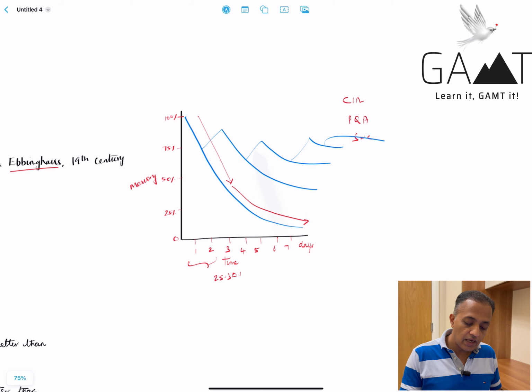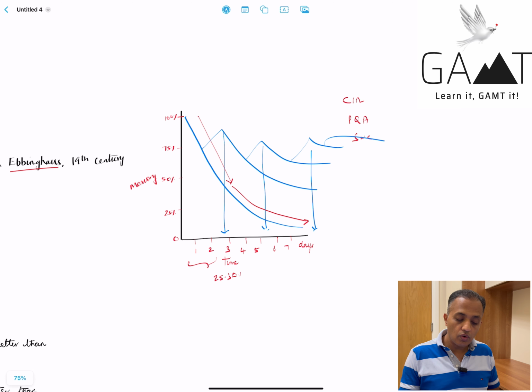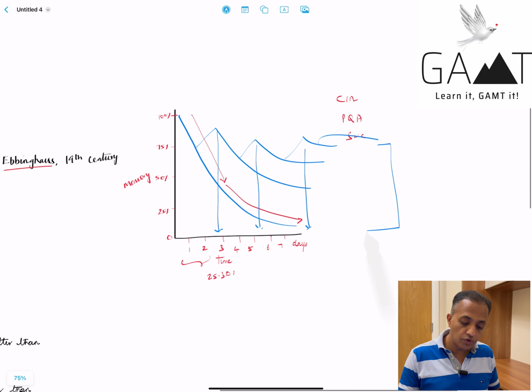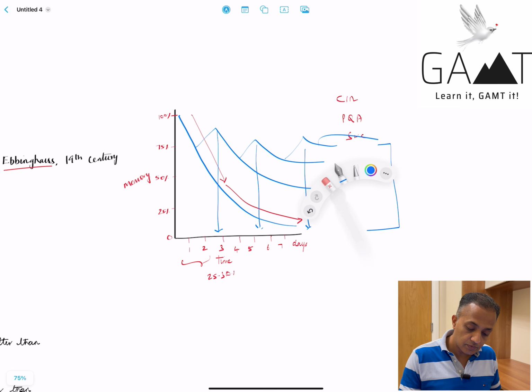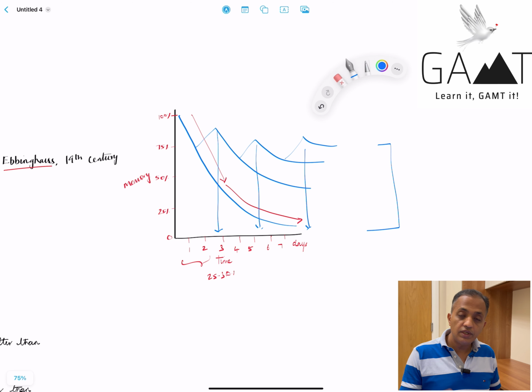So what happens every time you do a recall is that the amount of stuff that you retain increases. So an efficient recall strategy is very important to avoid forgetting stuff in the long run.